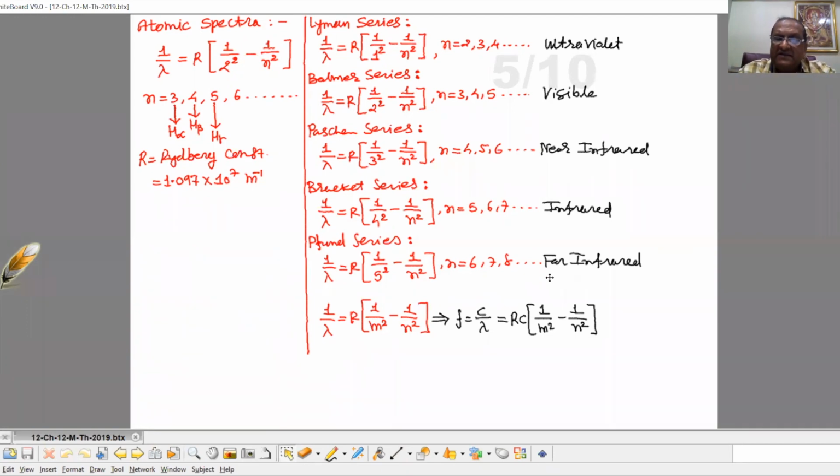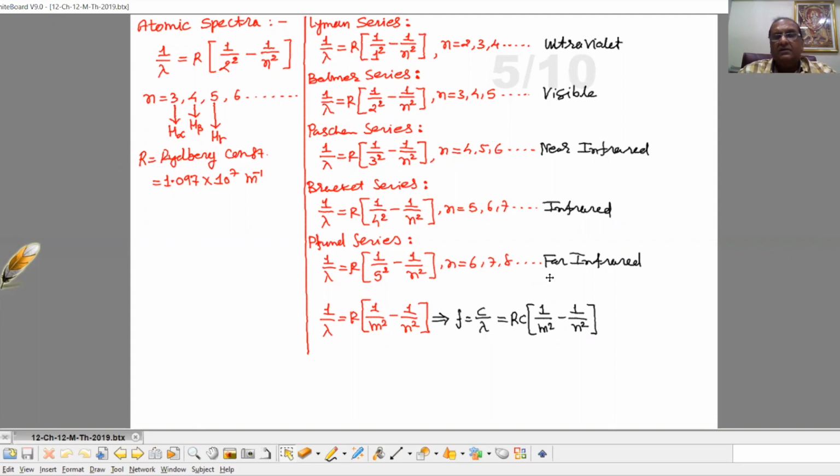So we can say, no doubt, Rutherford's atomic model is partially successful. He suggested almost entire mass is concentrated at the center in the nucleus, and entire positive charge is also concentrated in the nucleus. Electrons are revolving around it.